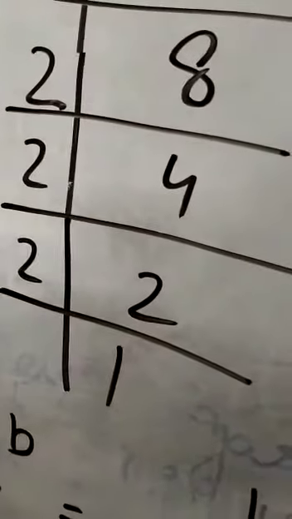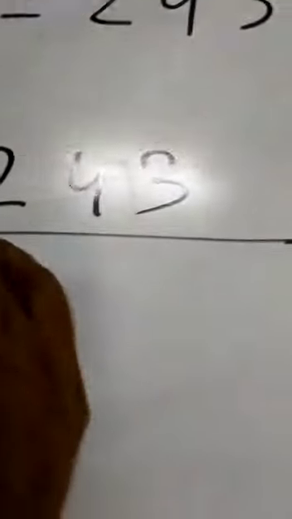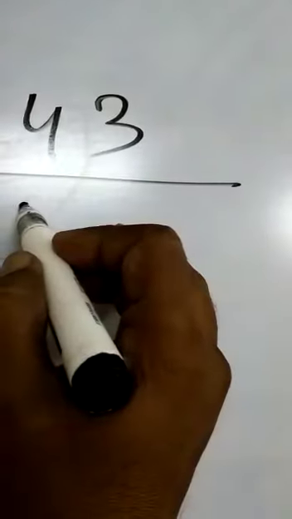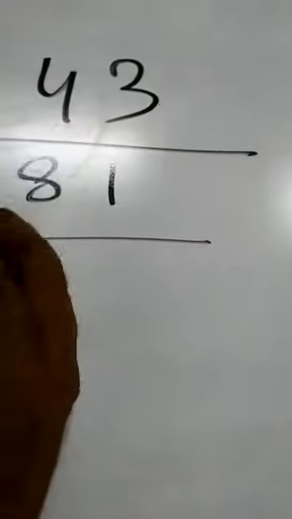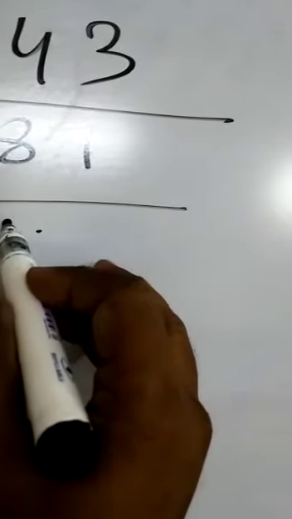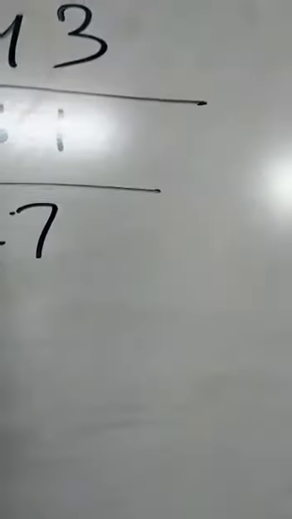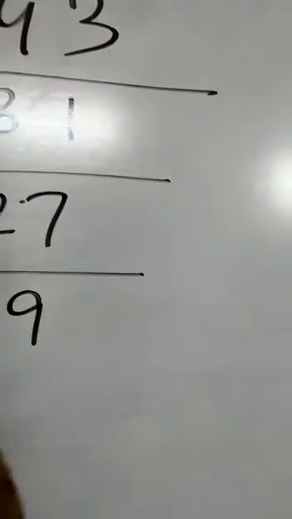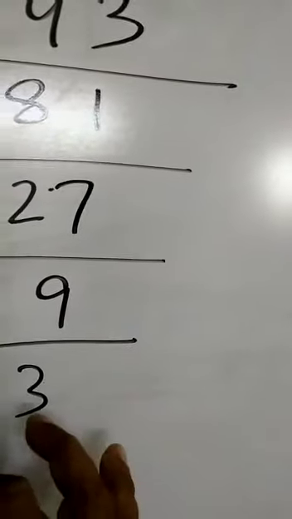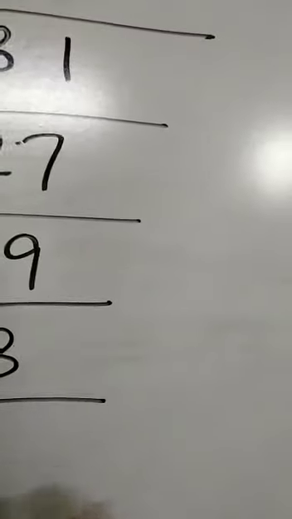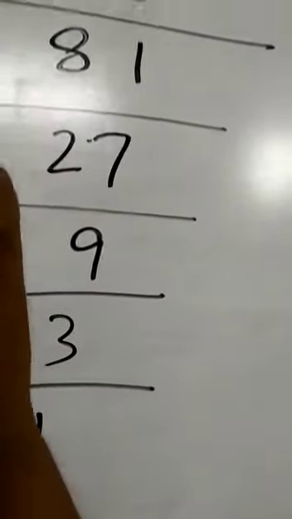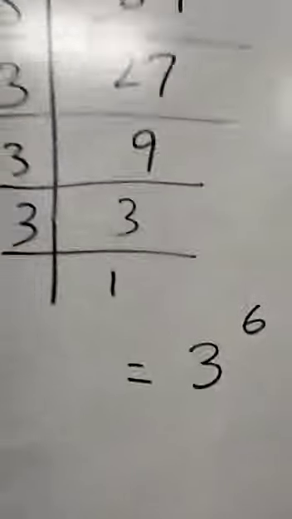So 243 will be 3 8s and 3 1s, 3 2s and 3 7s, 3 9s and 3 3s and 3 1s. So instead of writing 243, I can write 1 2 3 4 5 6, 3 to the power 6 I can write over here.